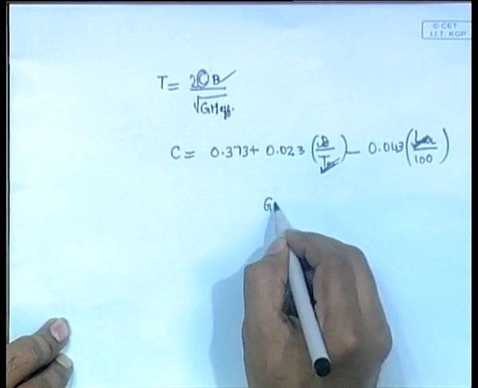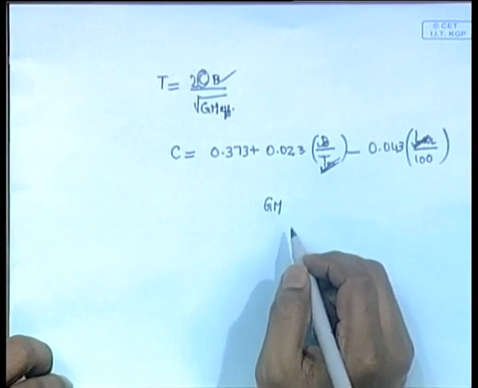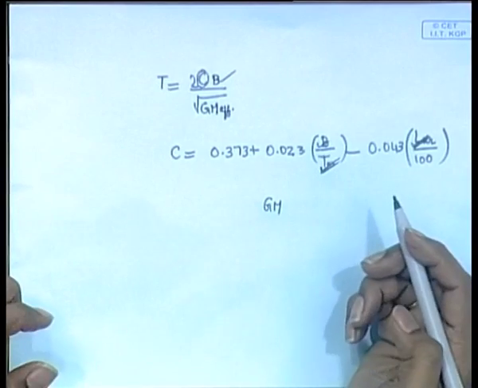GM effective is the effective metacentric height of the ship. How will it vary from the net or initial GM of the ship? It will vary if, for instance, you have a free surface effect. What is a free surface effect? It is when you have a liquid in a tank inside the vessel and the tank is not fully filled.